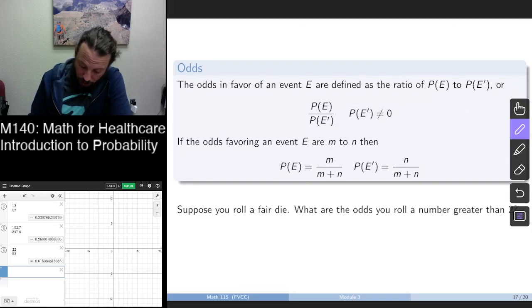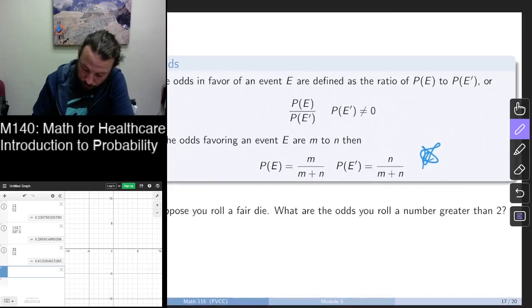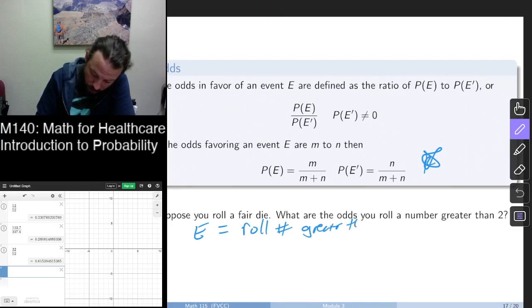And if the odds are m to n, then we get these formulas for the probabilities of E and E complement. Suppose you roll a fair die. What are the odds you roll a number greater than 2? Let's say E is the event: roll a number greater than 2.